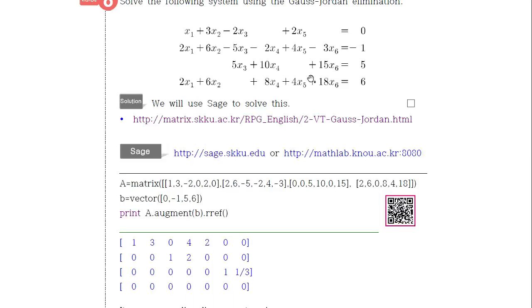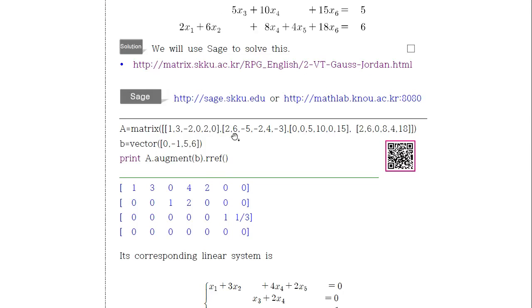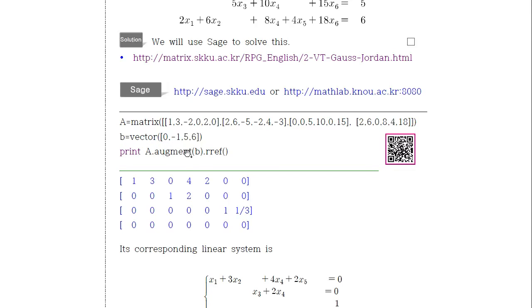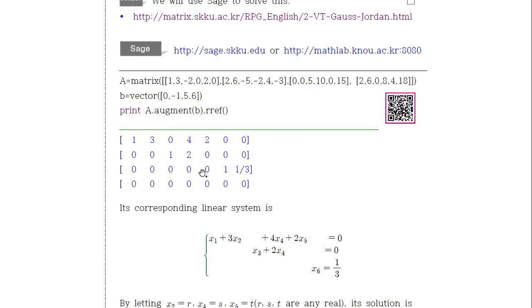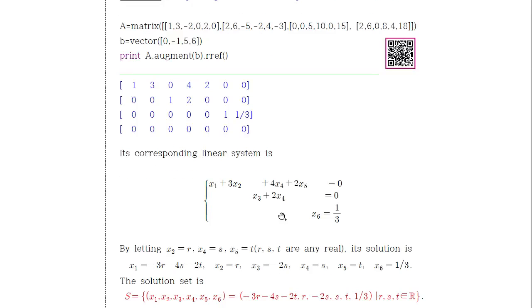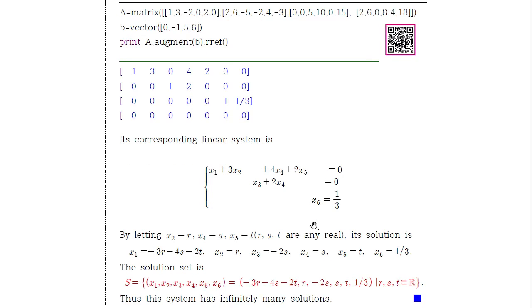You form the augmented matrix, A with this vector v, and then find the RREF of this augmented matrix. Then you will have an RREF matrix like this. Then the corresponding linear system of equations is like this. Very easy, even though you have a large linear system of equations.